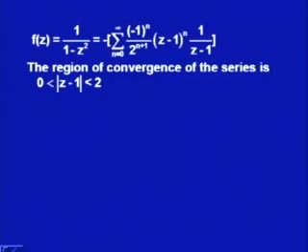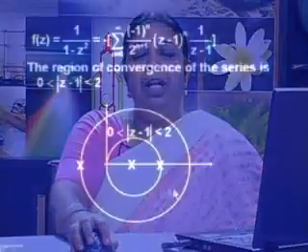Therefore, we consider |z−1| less than 2. |z−1| greater than 0 will take care that z = 1 is not included in the annulus where the function needs to be analytic, and only then the Laurent series will be applicable. So, the region of convergence of the series is |z−1| lying between 0 and 2. That is what has been shown here.